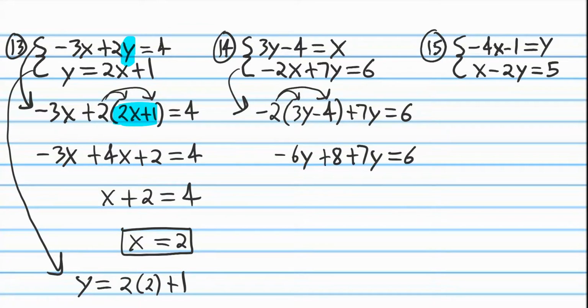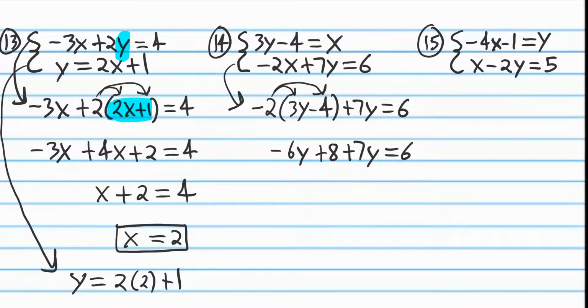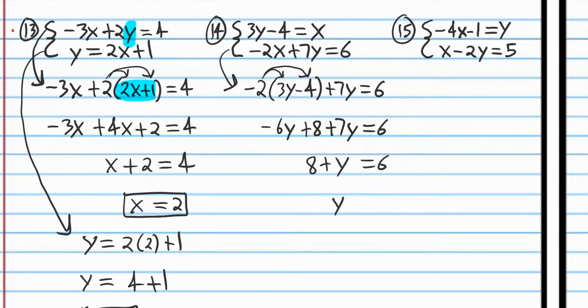And so now we just combine the variables. Negative 6y plus 7y is y. And then we're going to subtract 8 from both sides, and we get negative 2.